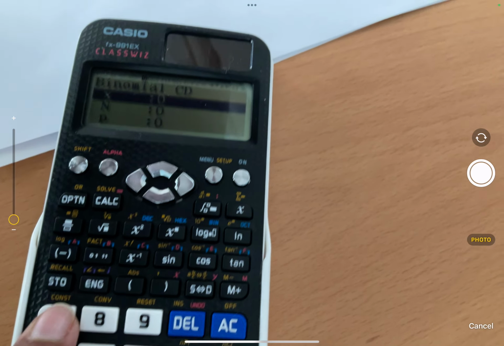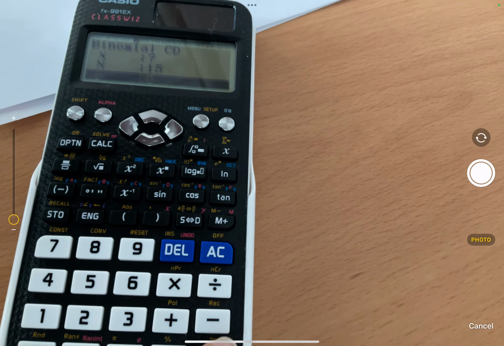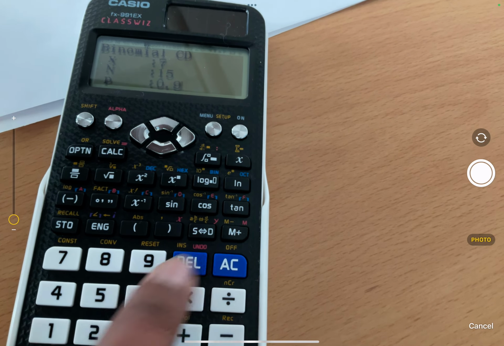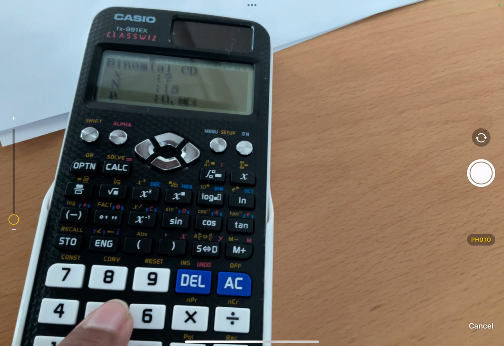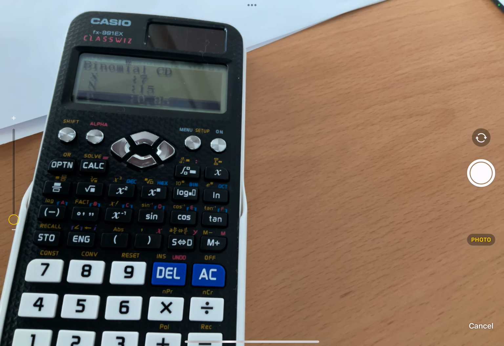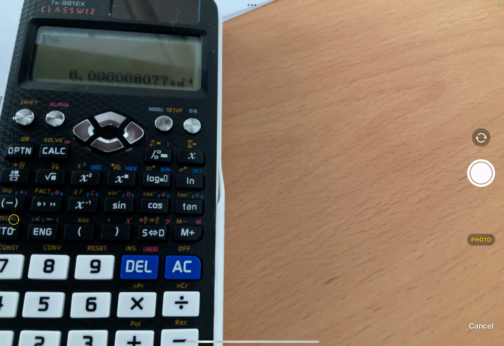Press equals, number of trials is 15. And the probability that Mr. Thomas claims is 0.85.